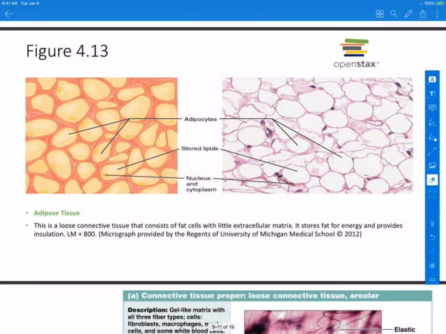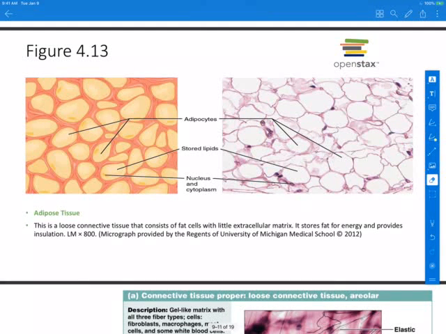And as we gain fat, we simply add triglyceride to the cells and they get larger. And as we lose fat, as we burn more calories than we take in, then our fat cells become smaller. And the number of fat cells and the size of them is going to differ between individuals.